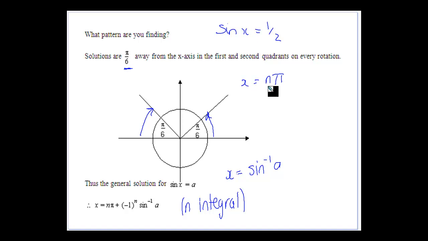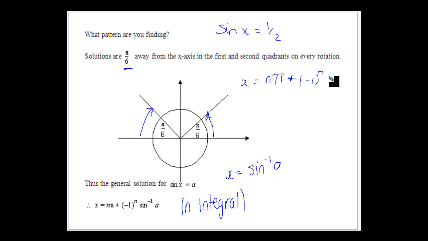So if n's going to be an even number, we're just going to add it. So we'd have this idea that if n's an even number, putting minus 1 to the power of n would make it a positive number.